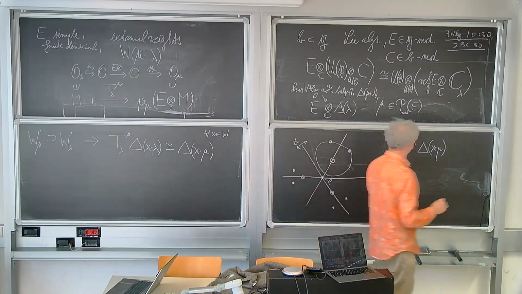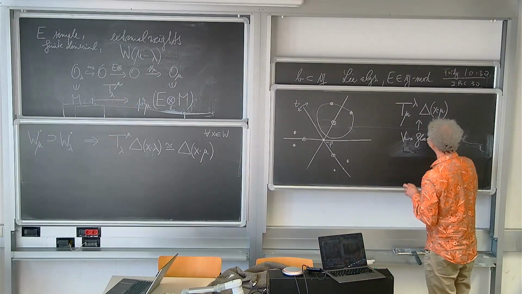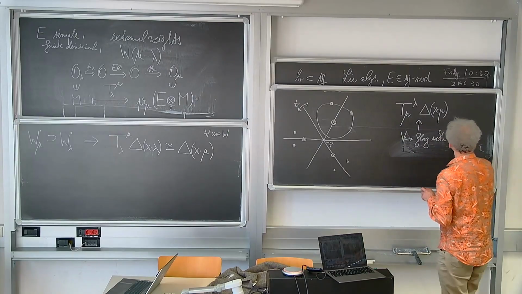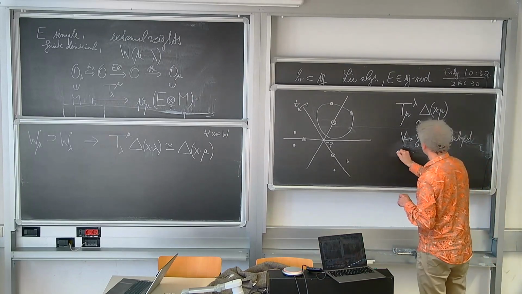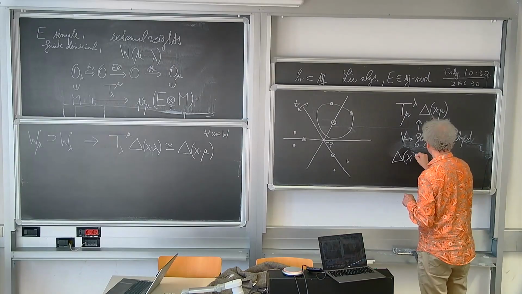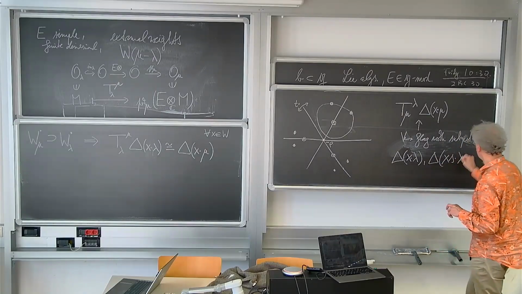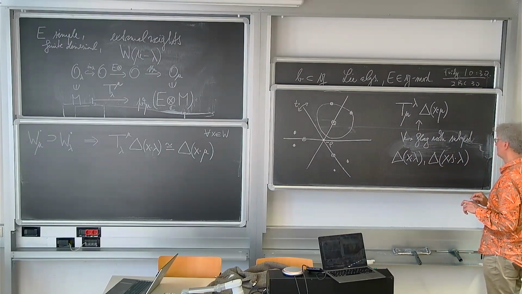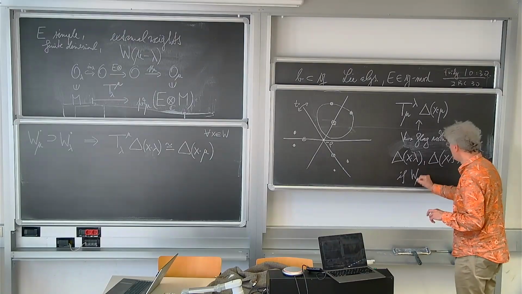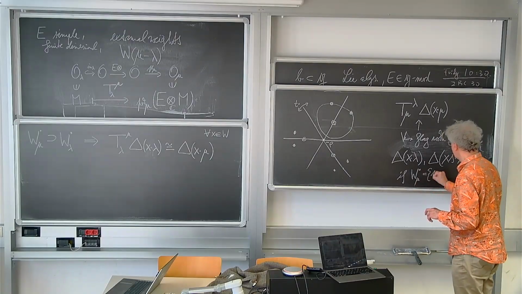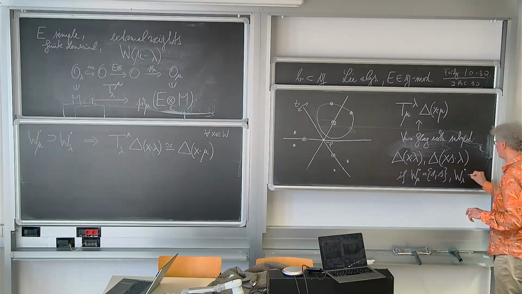So this will have a Verma flag with subquotients Delta x dot lambda and Delta xs dot lambda, if, say, the isotropy group of mu under the dot action is just 1 and s, and the isotropy group of lambda is trivial.